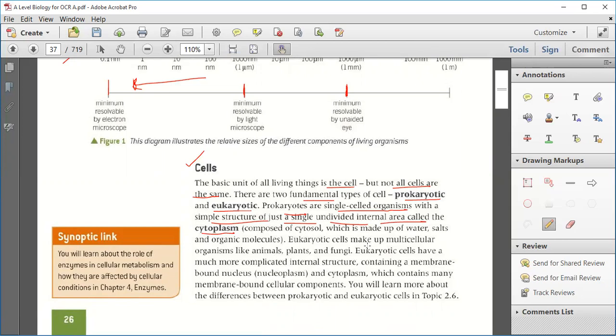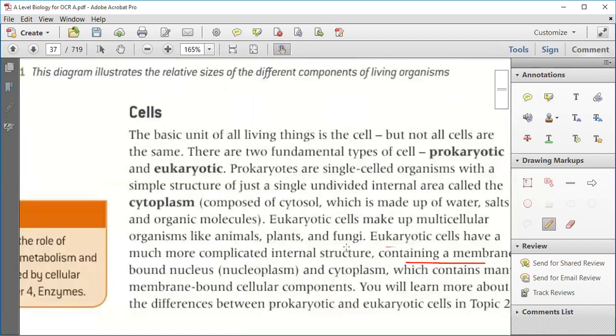Now, eukaryotic cells make up multicellular organisms like animals, plants, and fungi. Eukaryotic cells have a much more complicated internal structure, containing a membrane-bound nucleus, that is nucleoplasm, and cytoplasm.